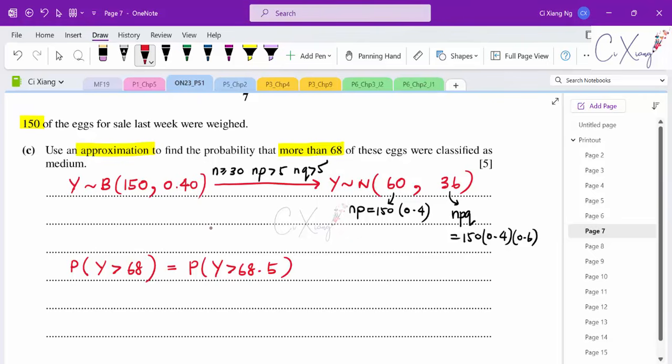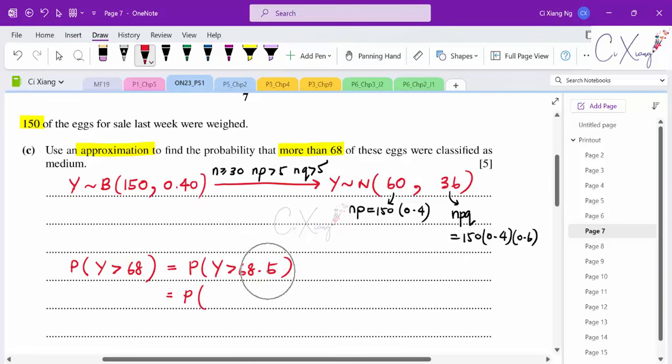If you need to know why our continuity correction is 68.5, maybe you can have a look at my other video in the lecture playlist, which is chapter 5. I actually did explain further on why we add 0.5 for this case.